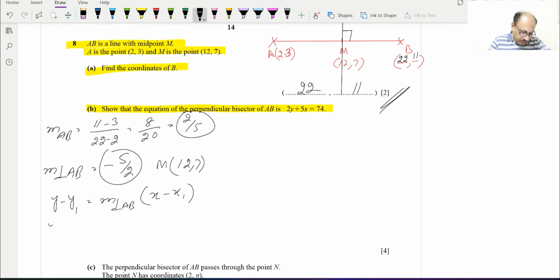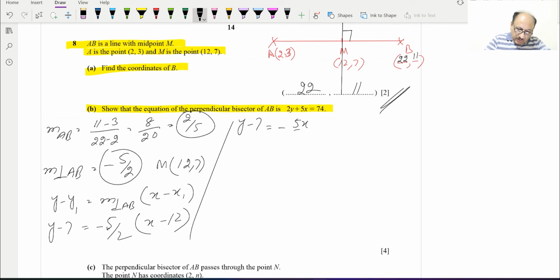Now we can replace the values. y minus 7, the y value we have taken from here, and the gradient is minus 5 by 2, and the x1 value is 12. Now we just have to simplify. So y minus 7 is equal to minus 5x by 2, and plus 5 by 2 into 12, which is 30.